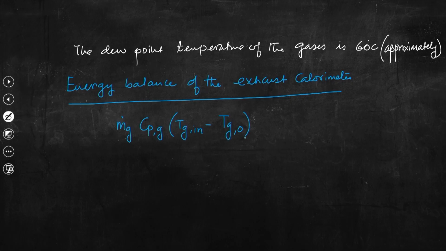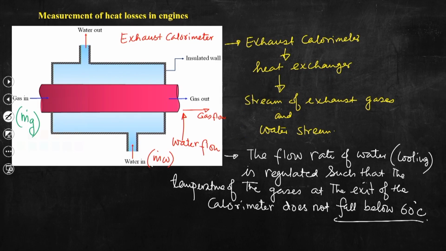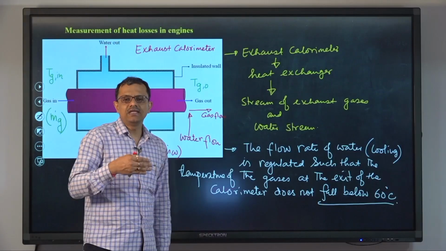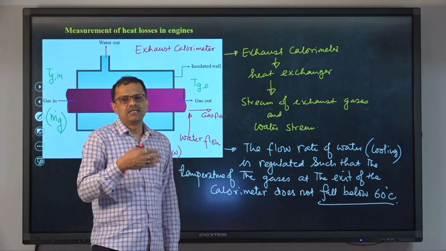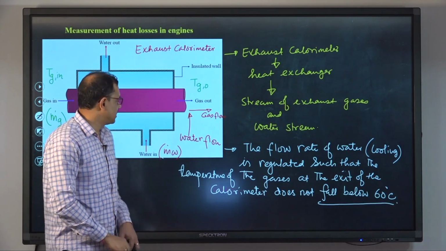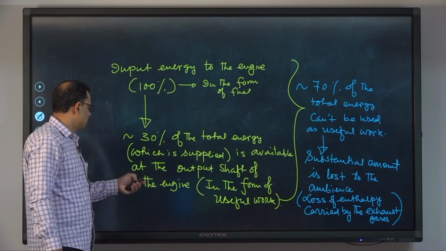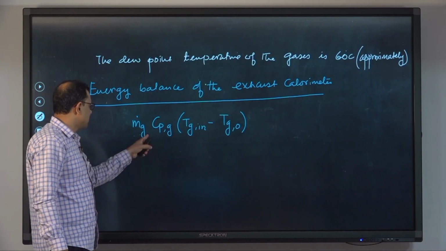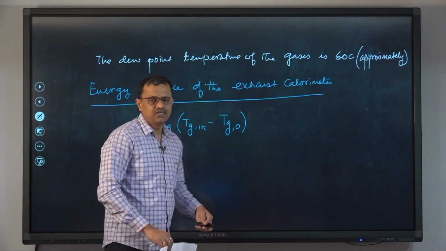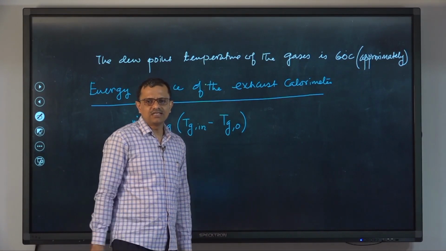So, if we go back to the previous slide, if the temperature of the gas at the inlet is Tg in and the temperature of the gas at the exit of the calorimeter is Tg out, then the amount of energy released by the gas stream is nothing but m dot g into Cpg into Tg in minus Tg out. You have studied this, it is very simple.